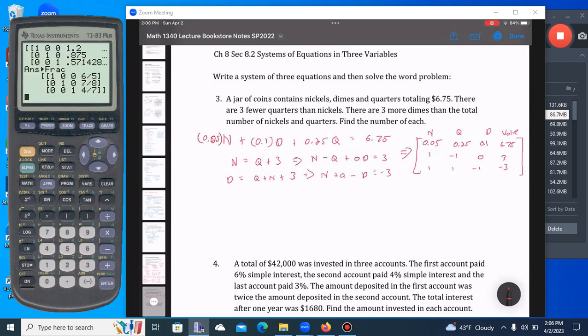So on the second matrix, we still have a 3x4. Change each one of these. So 0.05, 0.25, 0.1, 6.75.